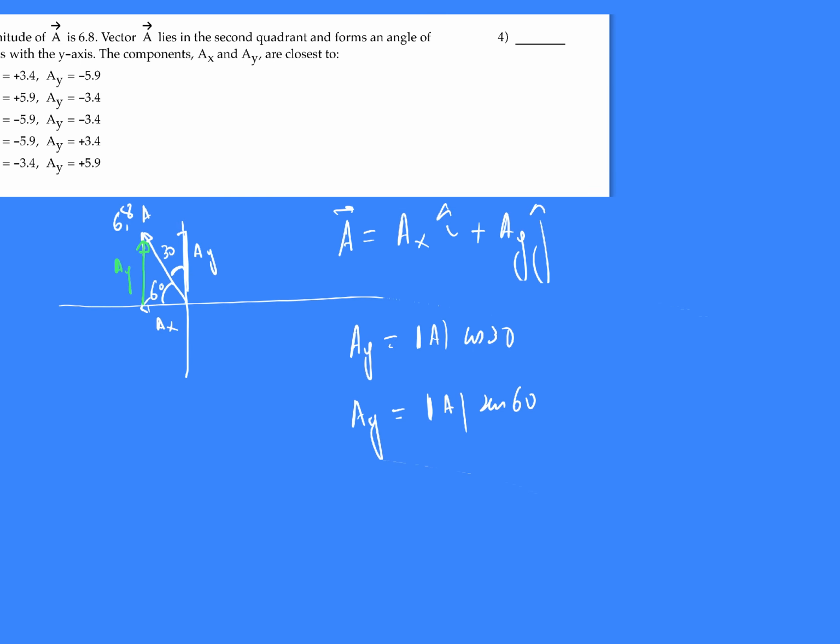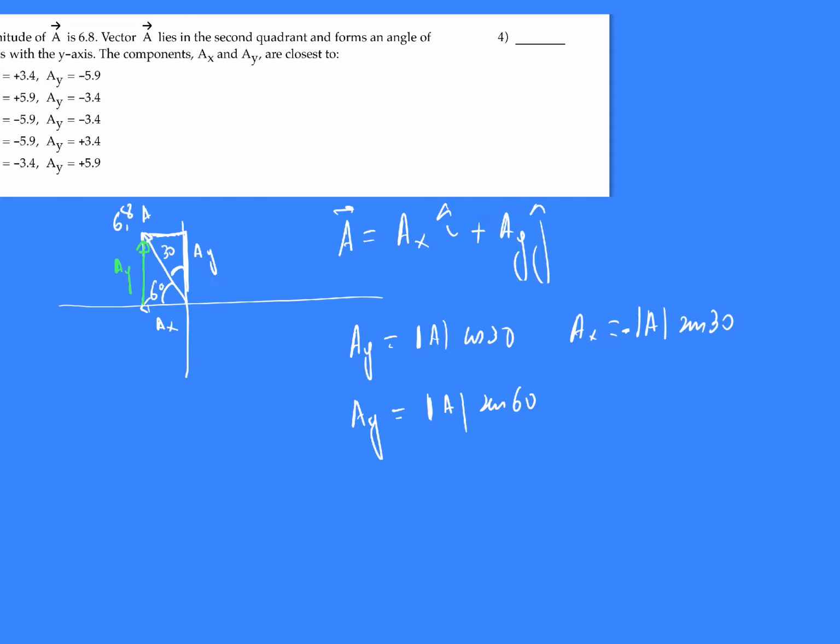Now if I stay with the 30 degrees here, ax will be the magnitude of A times the sine of 30, because this part is the sine of 30, but it will be negative.